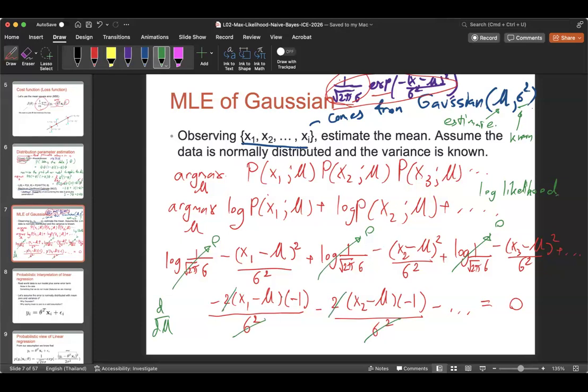Now how many mus do we have? We have I of them adding together. So we get I times mu equals the sum of x_j, j from 1 to I. So this becomes just the mean. That's the equation of just the mean.